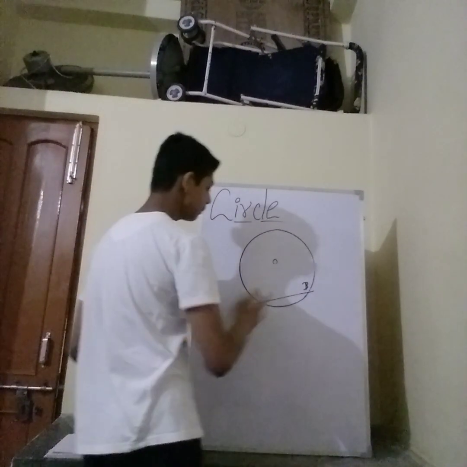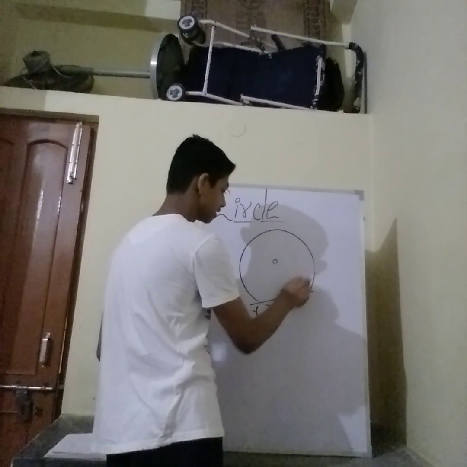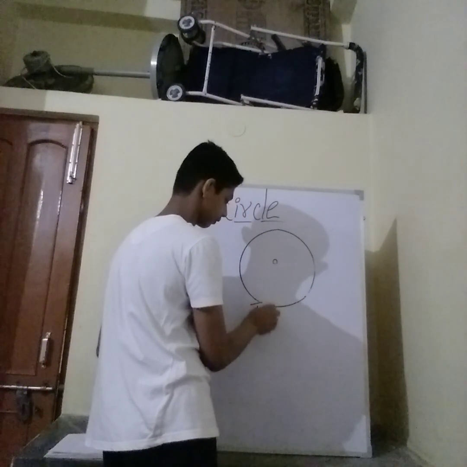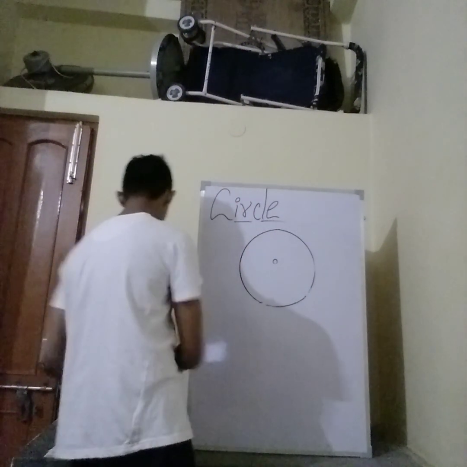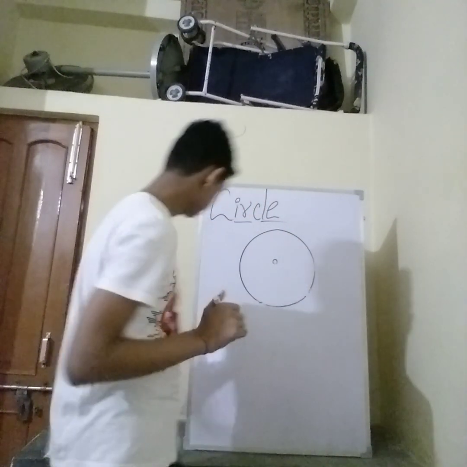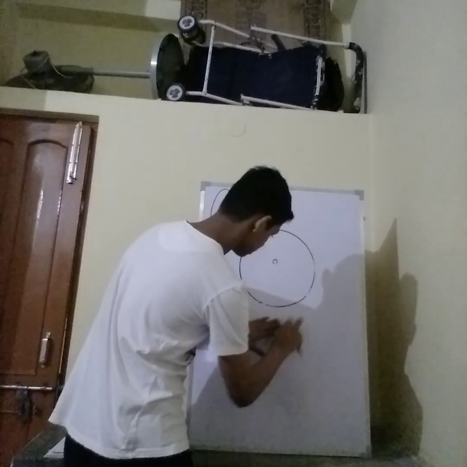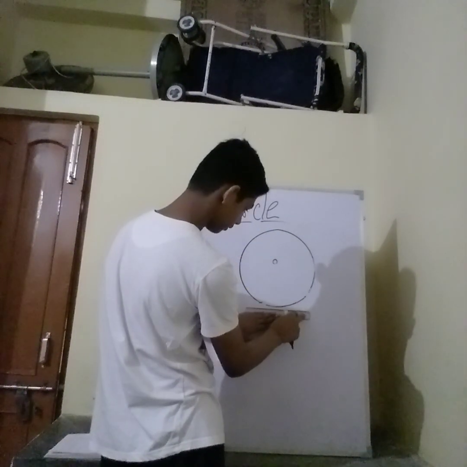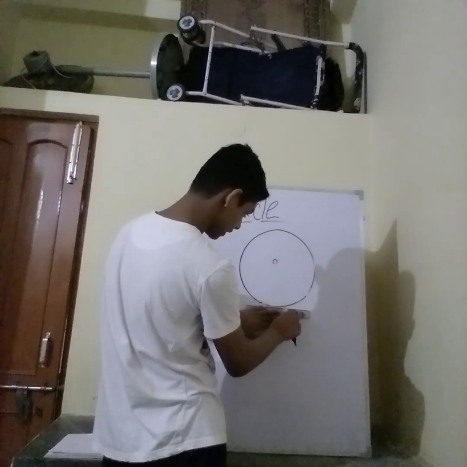Now we will describe what a tangent is. A tangent is a line which passes through the circle touching a single point on the circumference, like this.